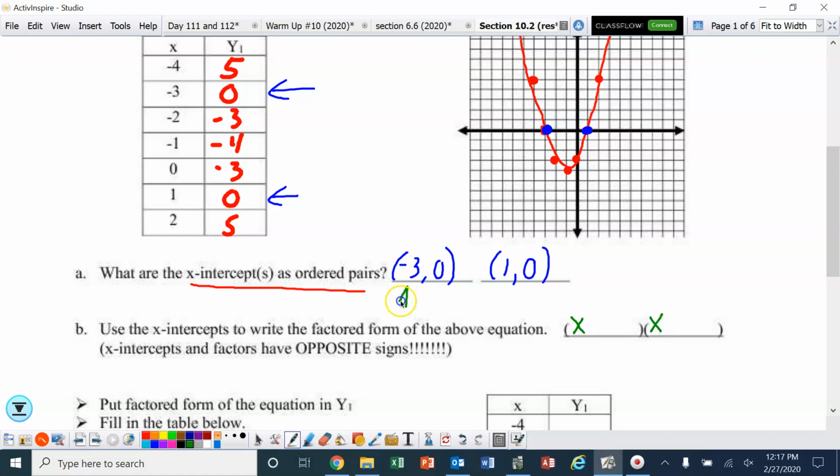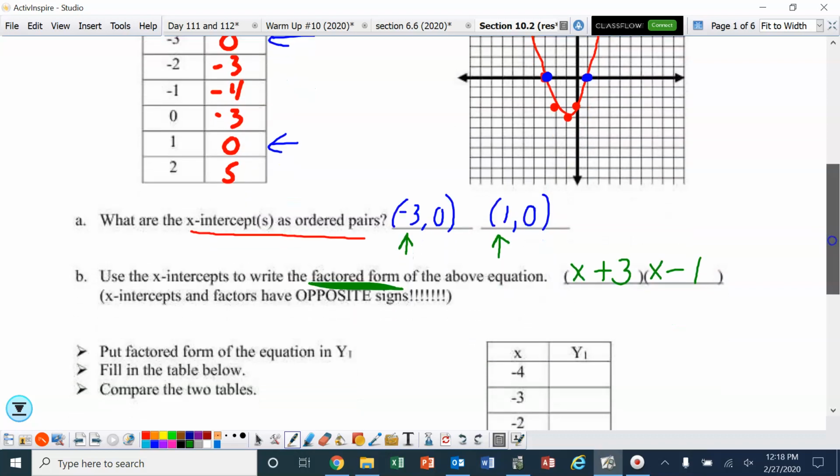Now this says -3, so we're going to put the opposite, a +3, so you need x plus 3 there. And then this one's a +1, so the factor would be x minus 1. So there's the factored form of this equation.